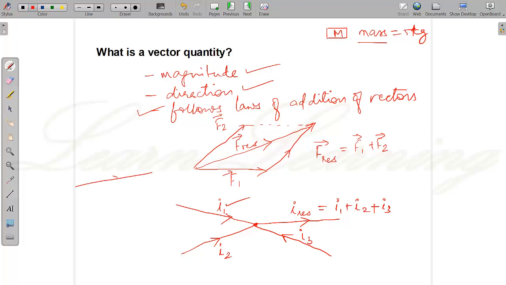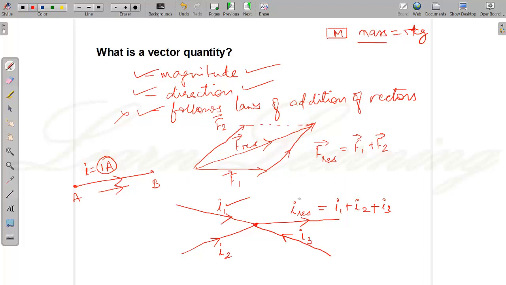Current in a wire is flowing from point A to point B. Let's say the current is 1 ampere. This current I has a magnitude, and it also has a direction from A to B. So is current a vector quantity? It has a magnitude and a direction, but it doesn't follow the laws of addition of vectors.